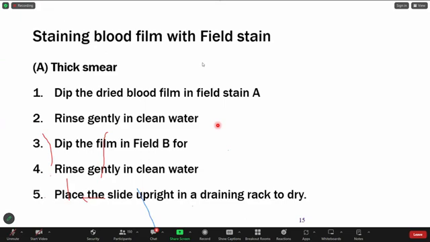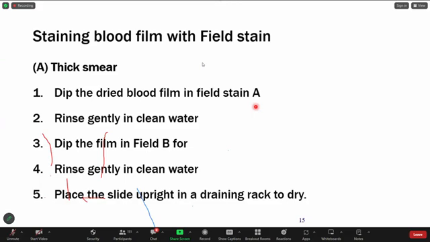When we are staining a thick smear, we make sure that we dip the dried blood film in Field stain A for an amount of time that depends on the thickness of that smear. Otherwise, let the smear be in Field stain A until it is visibly blue, because you might put it there for a short period of time and the smear color does not change.